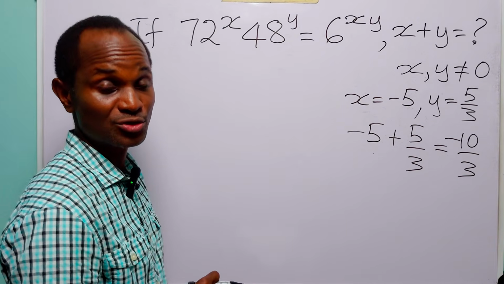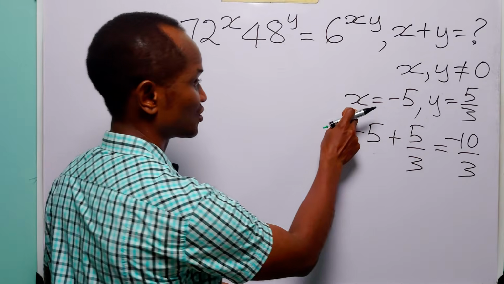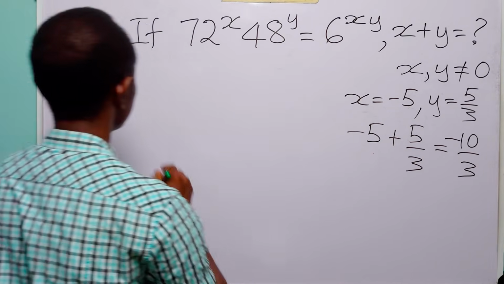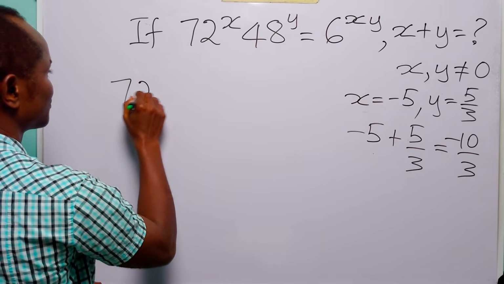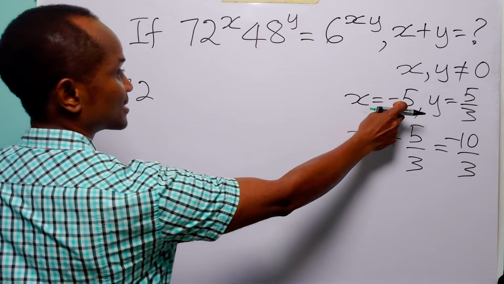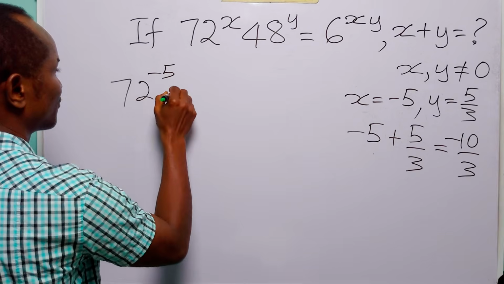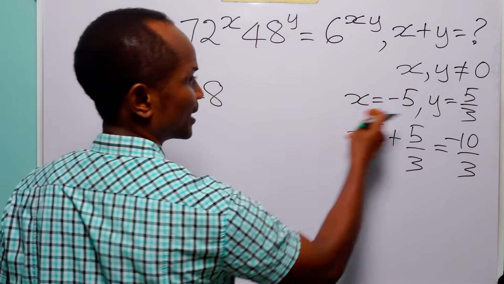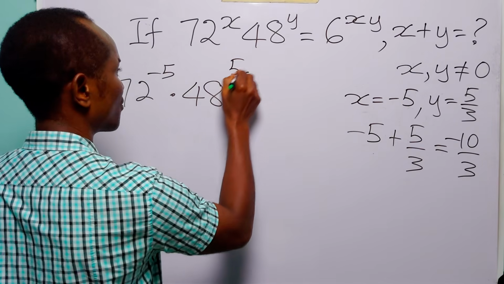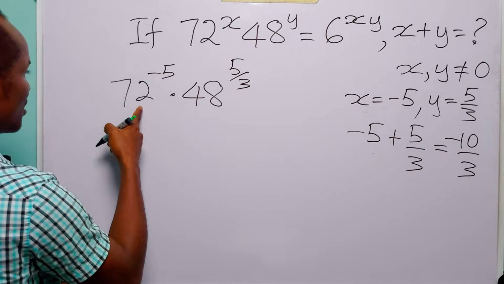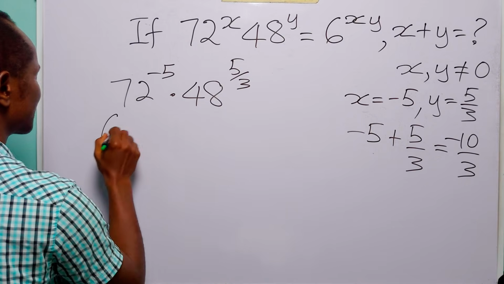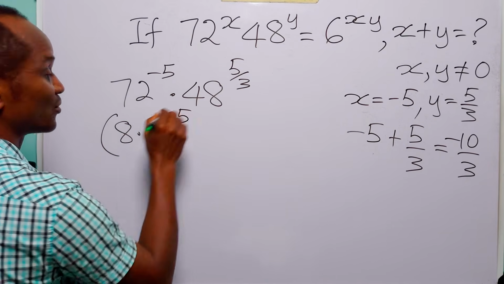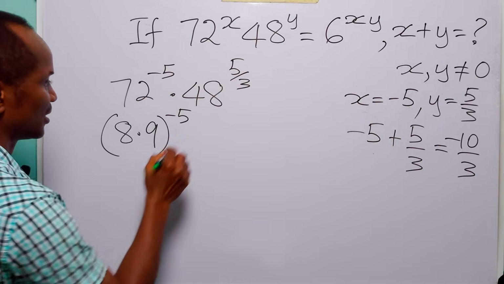Now, before we end the tutorial, let us check and make sure that these values of x and y satisfy the original equation. So we have 72 to the power x, x is equal to minus 5, multiplied by 48 to the power y, y is equal to 5 over 3. Remember that 72 is equal to 8 times 9, and both are to the power minus 5.